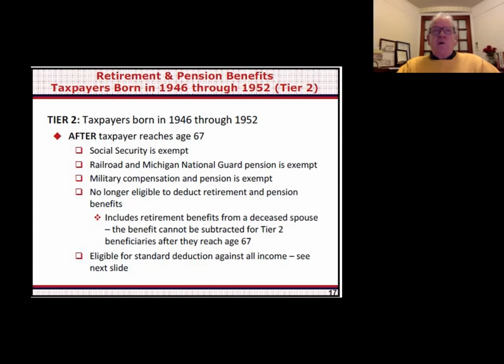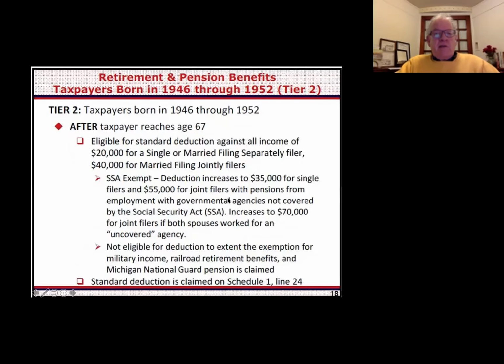He gets no retirement benefit whatsoever. Now, if he were born in 1946, it would take $20,000 off his taxable income. But in 1945, the only benefit is retirement pension income, and interest, dividends, and capital gain income. So there's some holes and flaws in this Michigan tiering system, but there's not anything we can do about it.